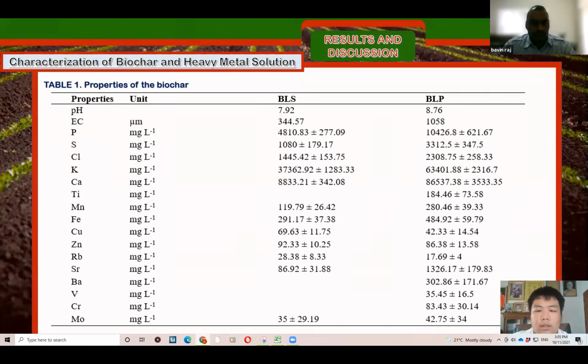Result and discussion. Table 1 shows the BLP appeared to contain more mineral than the BLS. In addition, the pH and EC value of the BLS were 7.92 and 344.57 microsiemens, respectively, which were smaller than those of the BLP.